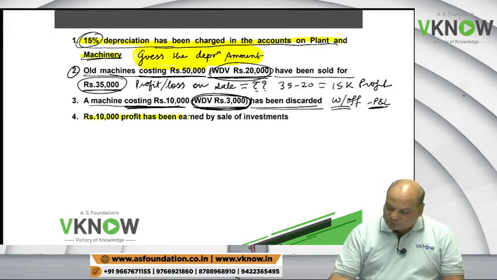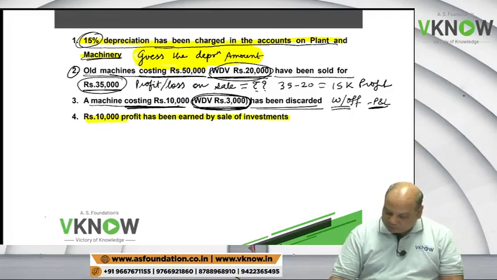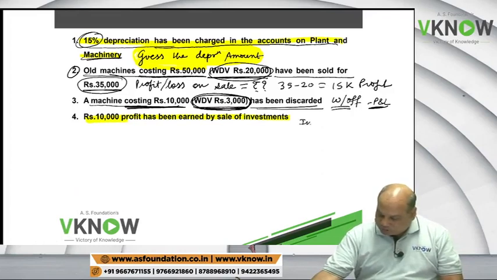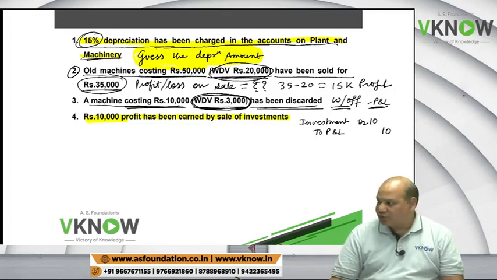Rupees 10,000 profit was earned by sale of investment. Profit on sale of investment. The entry would be investment account debit to P&L account 10,000.